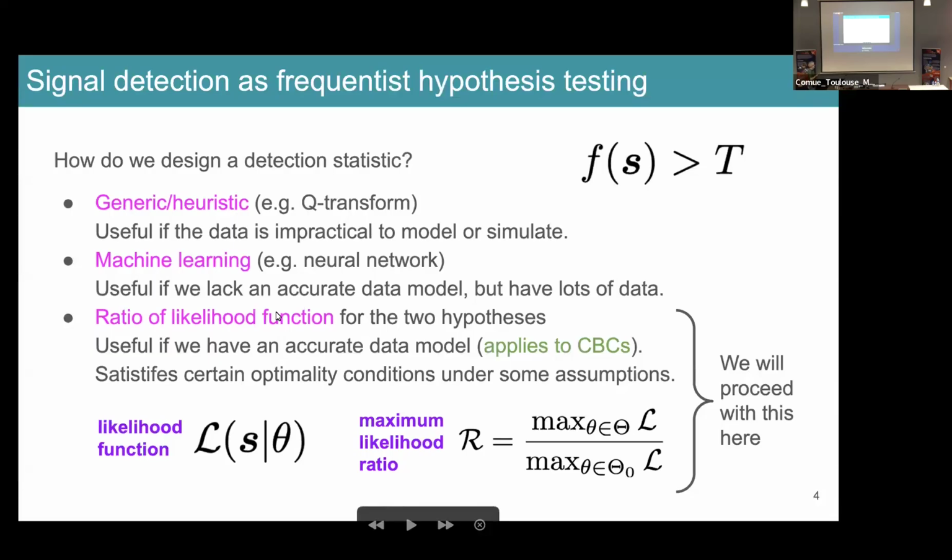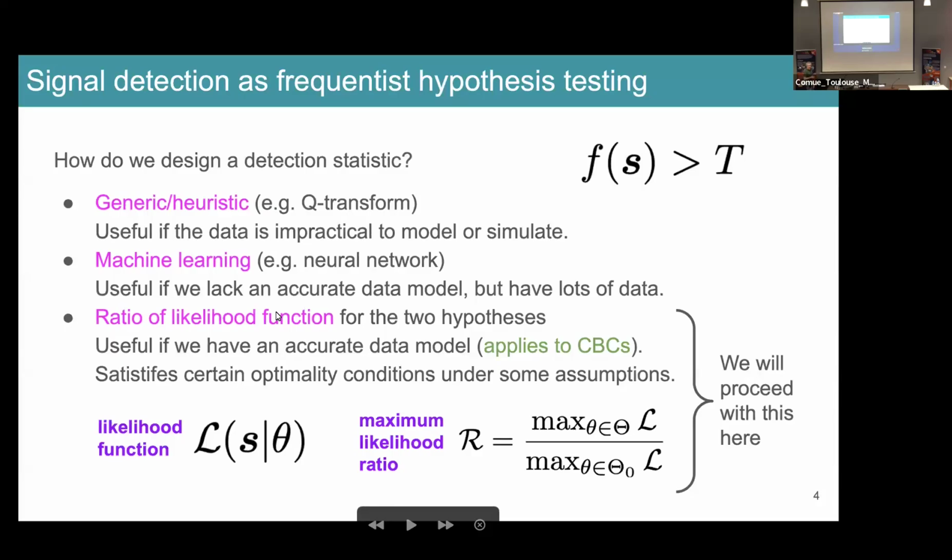So a model allows us to write a likelihood function, which is the probability of observing a certain data set given a model. Then under some optimality conditions, you can actually prove that if you use the ratio of the likelihood function for the two hypotheses, the alternative hypothesis versus the null hypothesis, this is an optimal detection statistic in some sense, which I don't have the time to talk about.